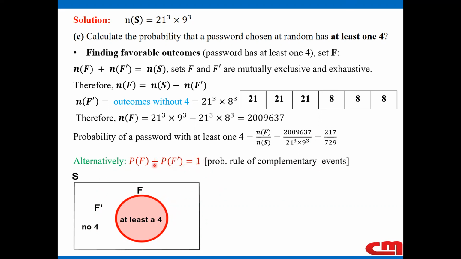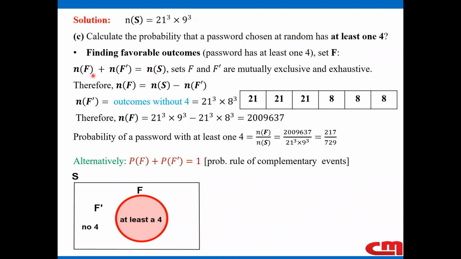You can understand this because if I divide both sides of the equal sign by the number of elements in the sample space, here I'll get 1, here the probability of F complement, number of elements in F prime over the number of elements in the sample space, and here the probability of F, number of elements in F over the number of elements in the sample space.